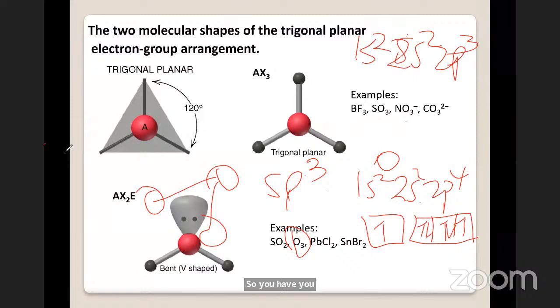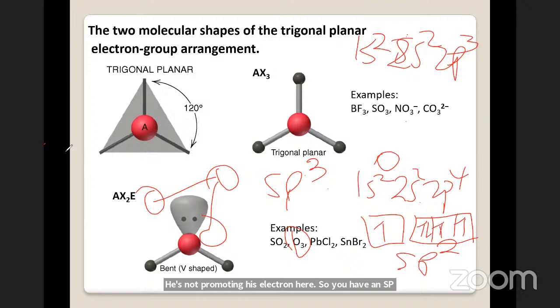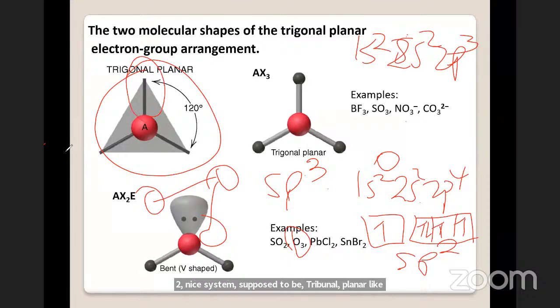It is also possible for you to have an sp2 hybridized system, in which case it's not promoting this electron here. So you have an sp2 hybridized system, and an sp2 hybridized system is supposed to be trigonal planar. And then you now have this as a lone pair.